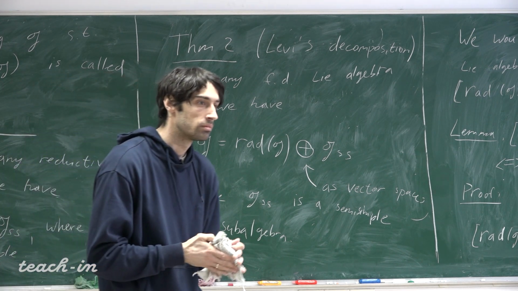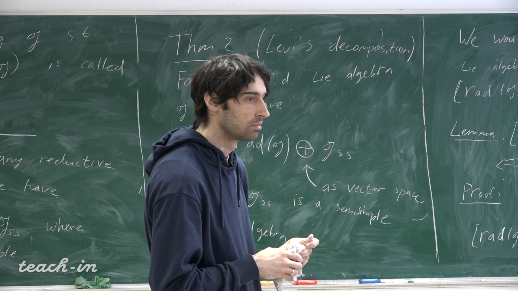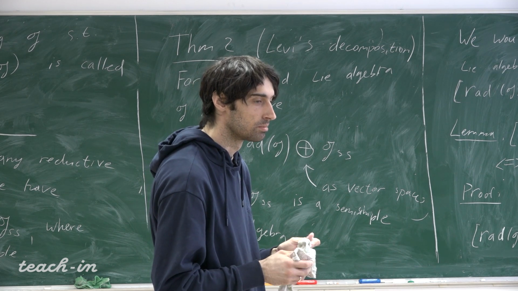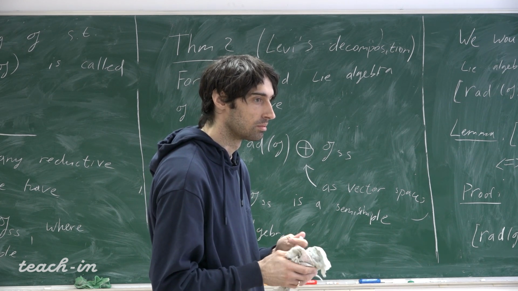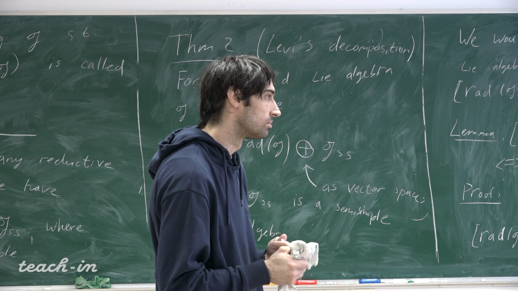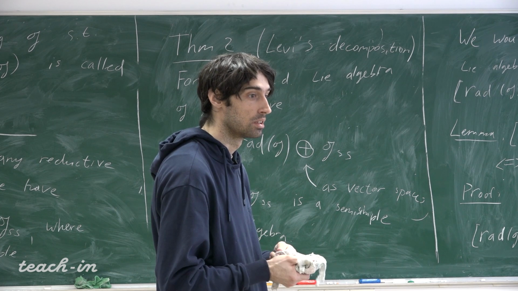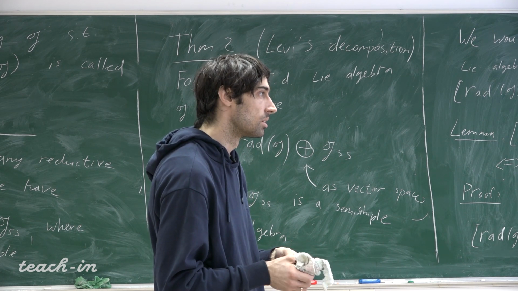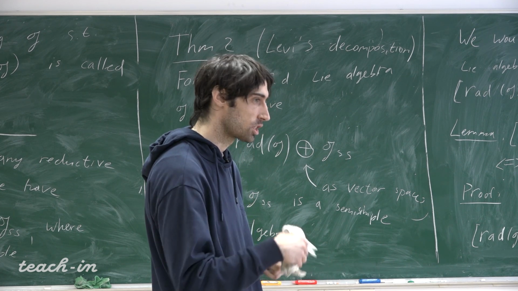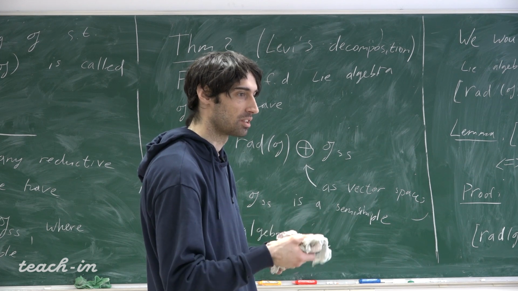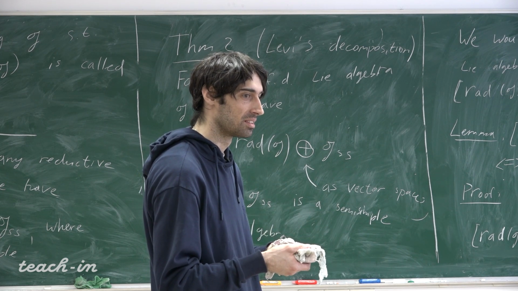Do you mean if you change this into semi-direct product, then the left-hand side is isomorphic to right-hand side as the algebra? Yes. And the action is actually like an adjoint action, right?